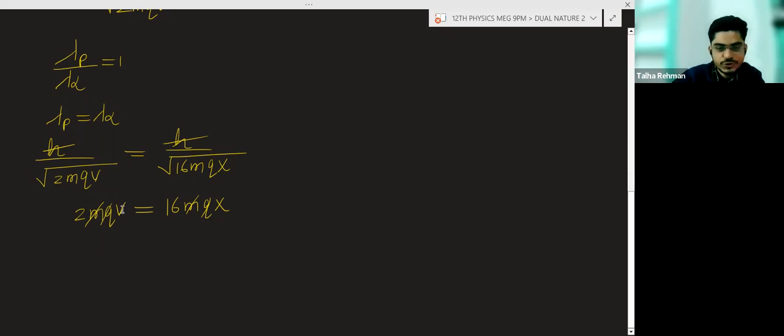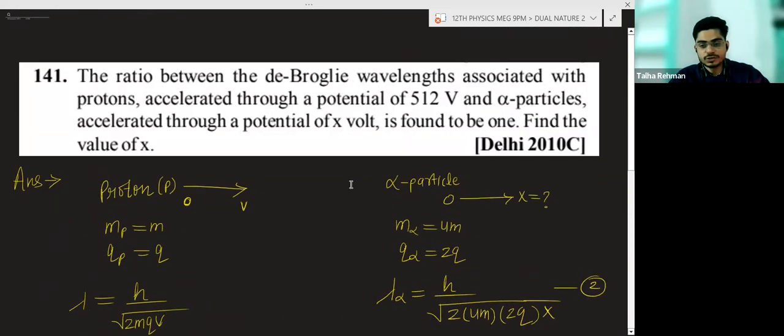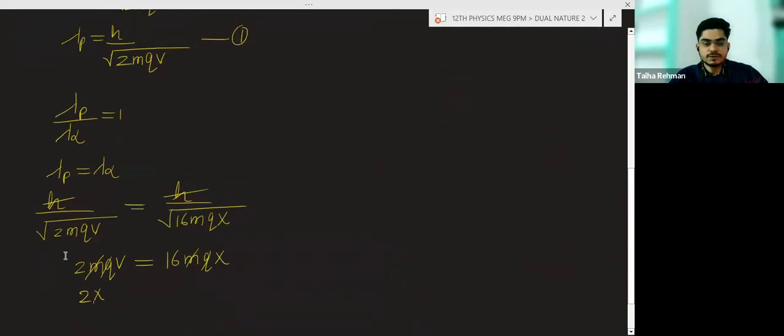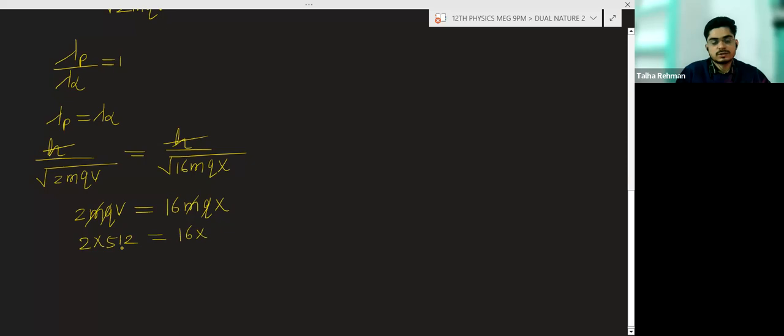Here we have 2 into V. So this is 2, and V is the voltage, the proton is accelerated through a potential of 500 volt. This V is 512 volt. And this is 16x. Now x can be given by 2 into 512 divided by 16.